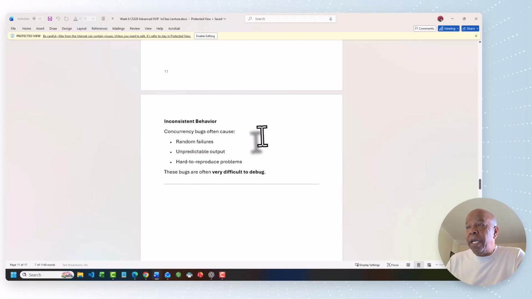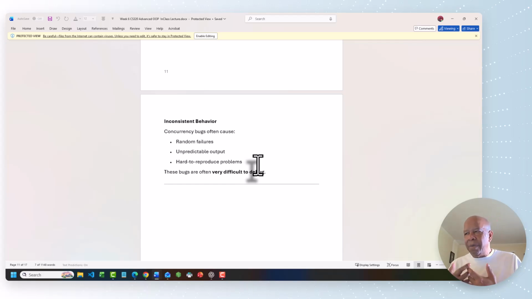Inconsistent behavior: concurrency bugs cause random failures, unpredictable output, and hard-to-reproduce problems. That is the key thing with threads, parallelism and concurrency when updating resources: you can't duplicate it.